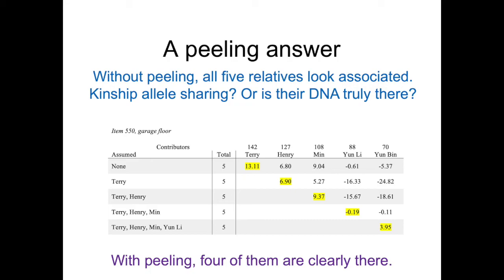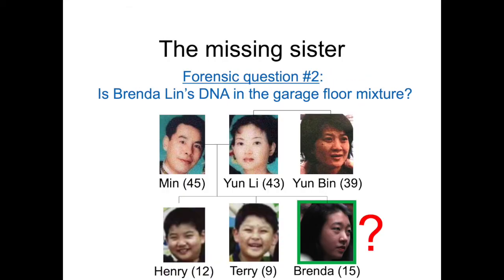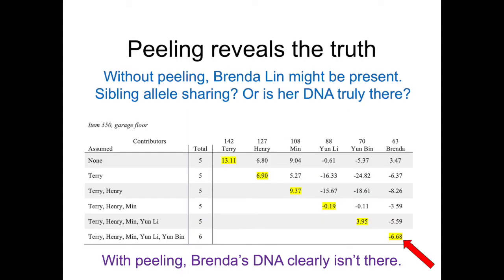A second forensic question is whether sister Brenda Lin's DNA is present in the garage floor mixture. It shouldn't be, since the 15-year-old girl was over 1,000 miles away in New Caledonia on a school trip. However, without peeling, Brenda Lin might be present due to the DNA match statistics.